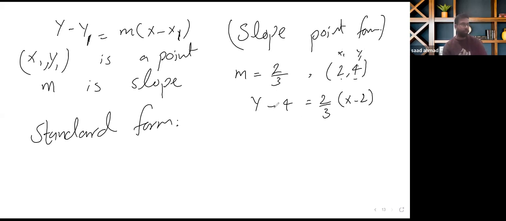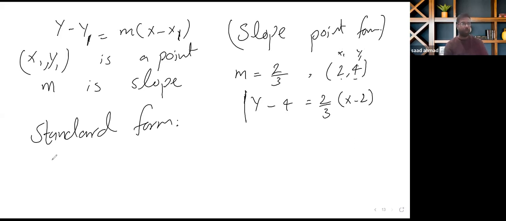So if we are given the slope and a point, we can write the equation of the line using those 2 things. If we are given 2 points, we can find the slope and we can use a point. If we are given a slope and a y-intercept, the point is the y-intercept, then we can use the slope-intercept form.